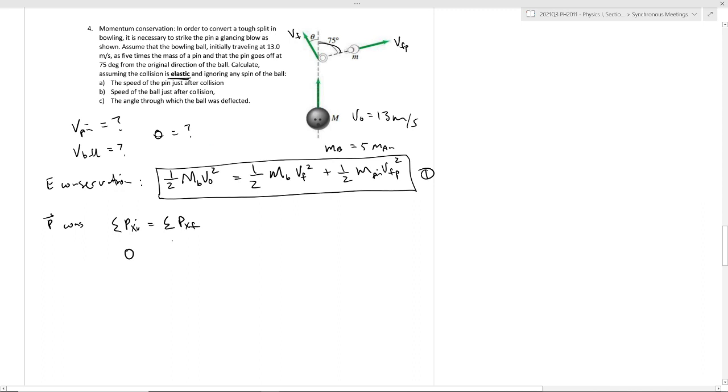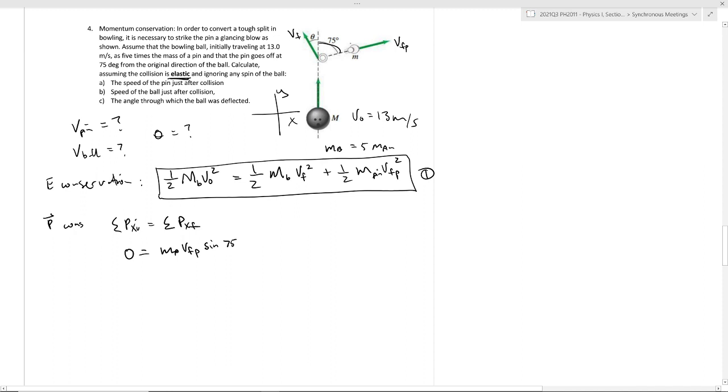The final momentum in x that we have, and actually I neglected to put our coordinate system on here, is going to be the mass of the pin times v final of the pin, times the component that would give us the x component, which is sine of 75. Theta is our unknown angle.